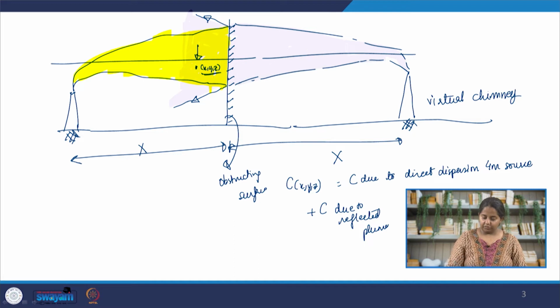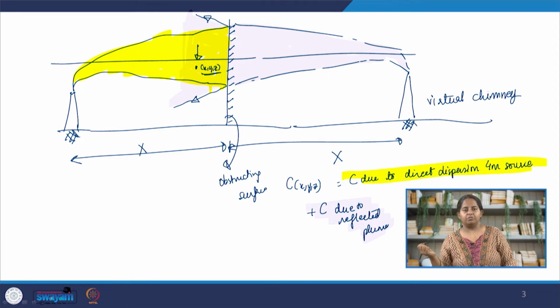So we are going to add both the concentration coming from the virtual chimney and the concentration coming from the direct dispersion from the source.